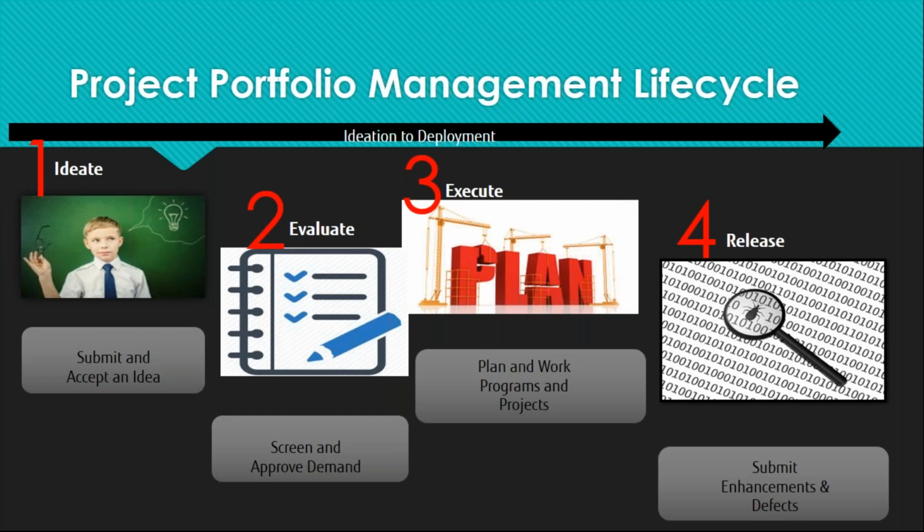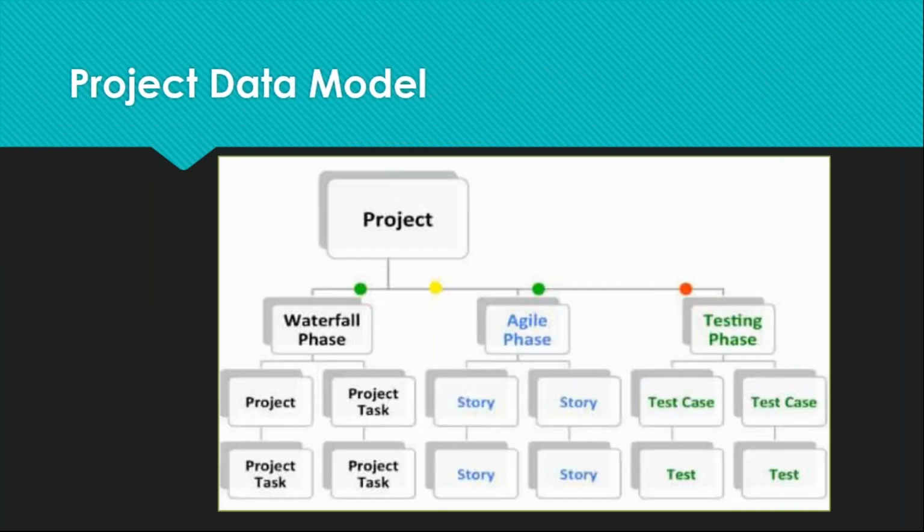So there is planning, and they decide whether this demand should be a project, an enhancement, just a change to the existing system, or a defect fix. All that is done, and then the submitted enhancements, defects, or projects will be worked on. So this is project portfolio management.